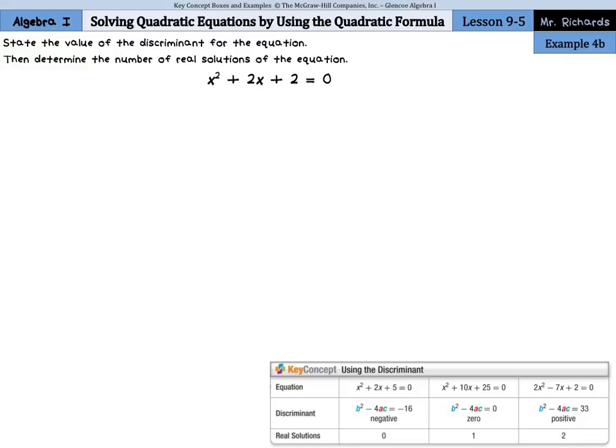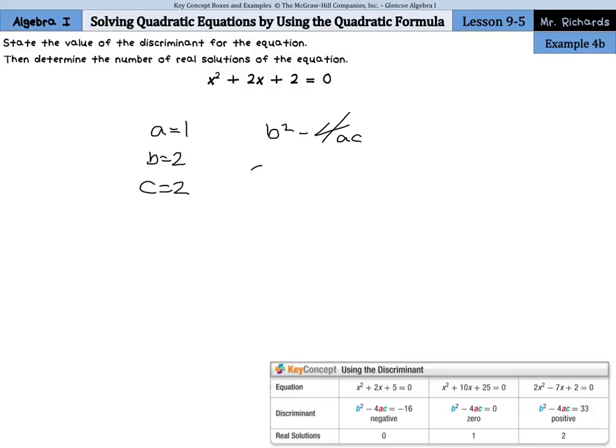And lastly, state the value of the discriminant for this equation, then determine the number of real solutions. Well, it's in standard form, so my a is equal to 1, my b is equal to 2, my c is equal to 2 as well. And again, just the discriminant portion is b squared minus 4ac.